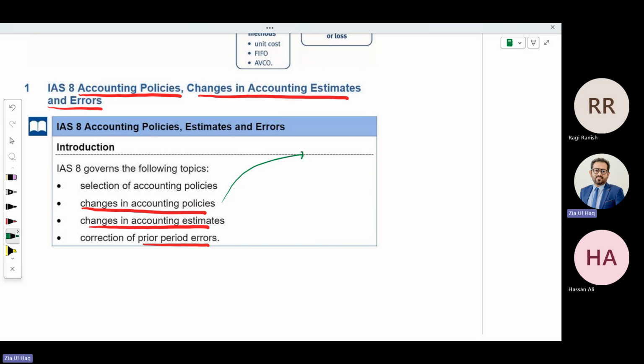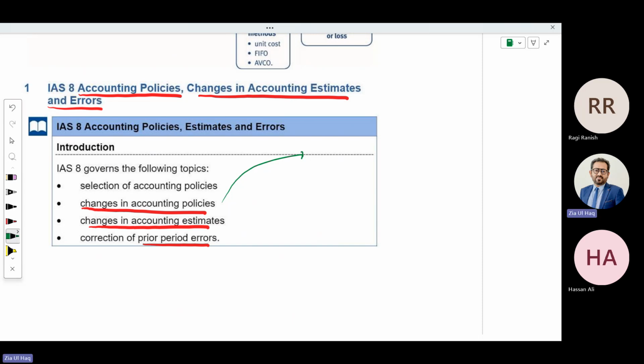This is called change in accounting policy. Previously, they measured their inventory on a LIFO, last in first out basis, or first in first out basis. Now they are going to measure their inventory on AVCO, average cost basis. That is also a change in accounting policy.